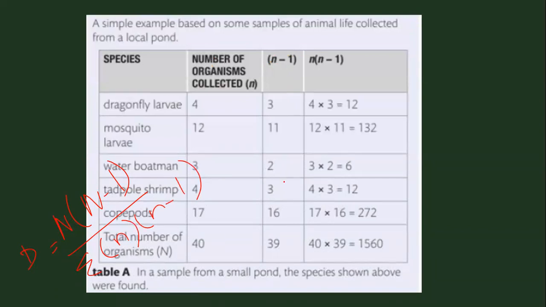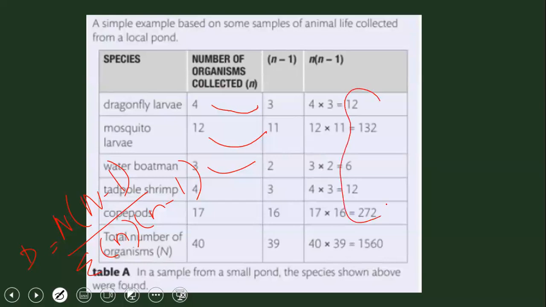After that, you make your next column, n(n minus 1): 4 multiplied by 3, 12 multiplied by 11, 3 multiplied by 2, and so on. After you've made the table, you add all of these up and you get your final answer.